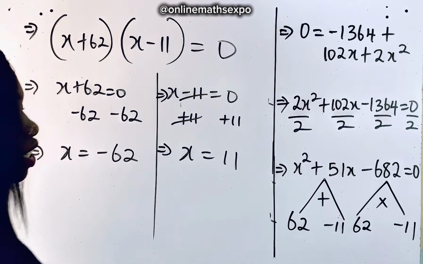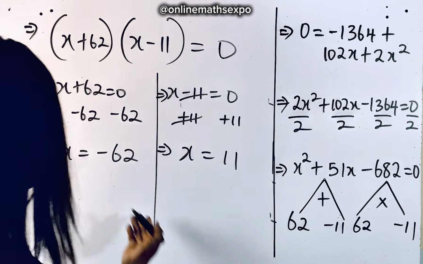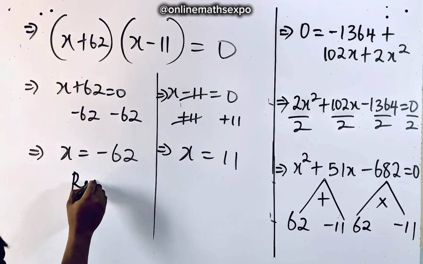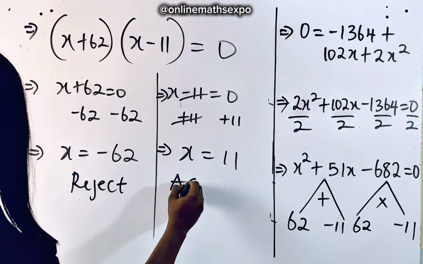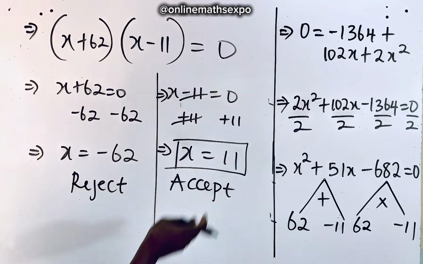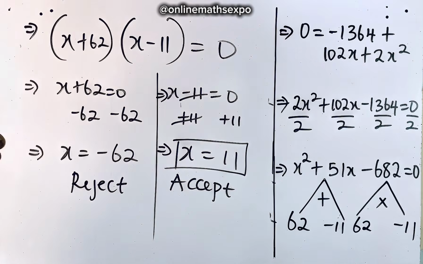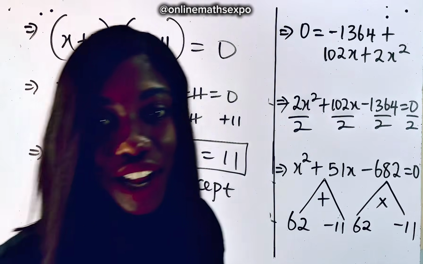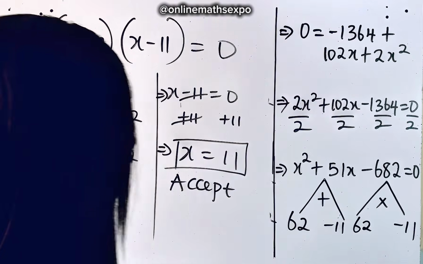And remember, we are working with the size of a shape. In that case, we are going to reject this x value and then accept the positive x value as 11. Now that we have found the value of x, let's now get the area of the square. Let's do that together.